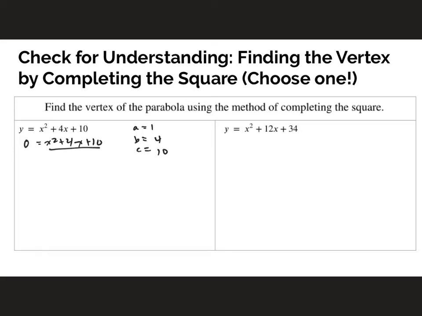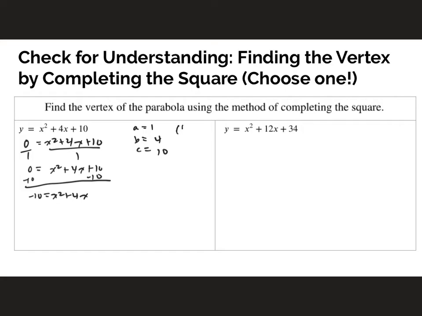And I'm first going to divide everything by a, right? And because I'm dividing by 1, I actually just end up with the same original equation, right? Now I just want to move my c to the other side. So I'm going to get rid of that original c to get negative 10 equals x squared plus 4x. And then for my leftover quadratic expression, I'm going to complete the square on this.